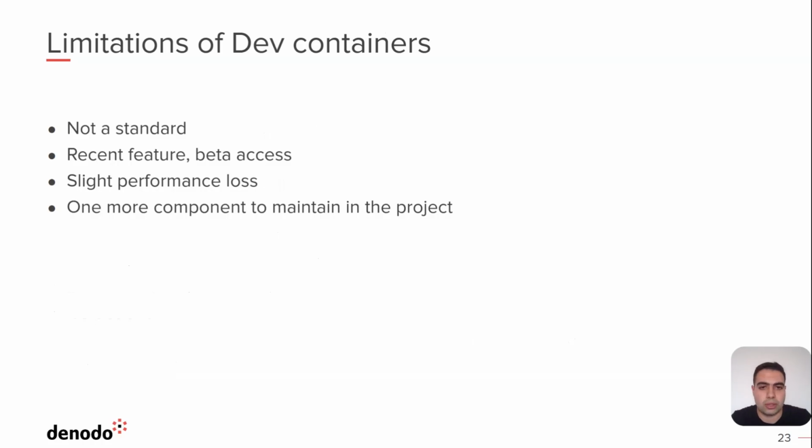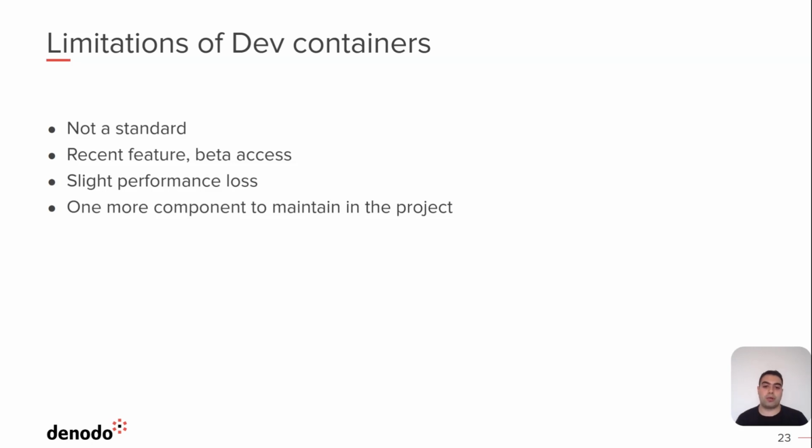Lastly, we need to talk about limitations. Right now, the dev container implementation is not standard across all IDEs, so you can expect some minor differences if you start the containers from JetBrains compared with other IDEs like VS Code. It's also a relatively recent feature, so some features are still in progress and in beta access.